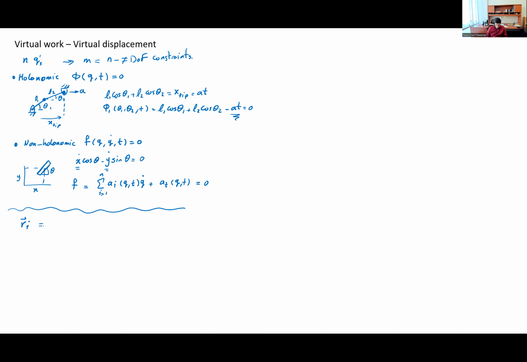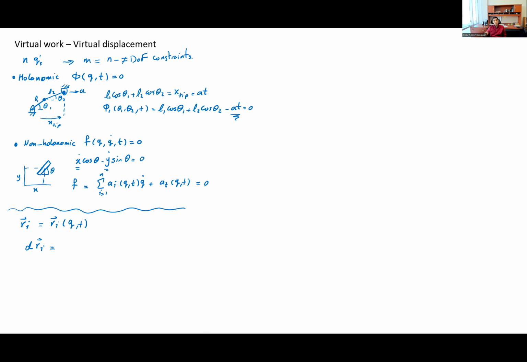The positions of particles are essentially some functions of the generalized coordinates, let's call it r_i of q and possibly time. Now I can take the differential of this equation, so dr_i.